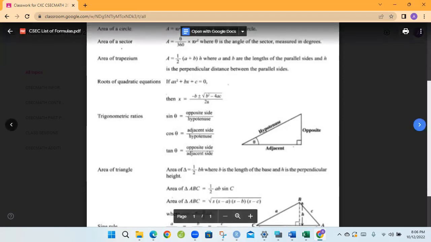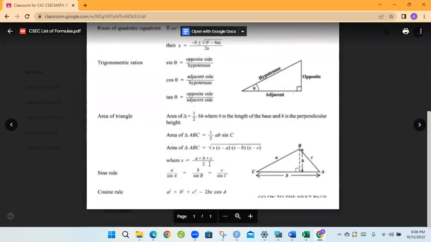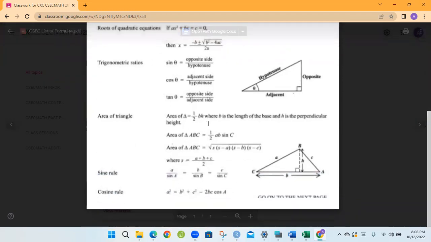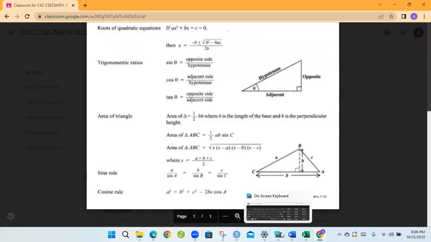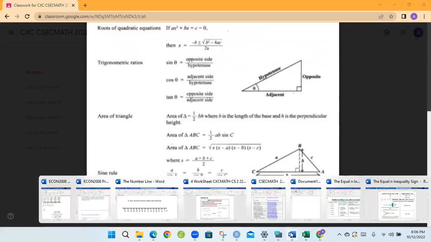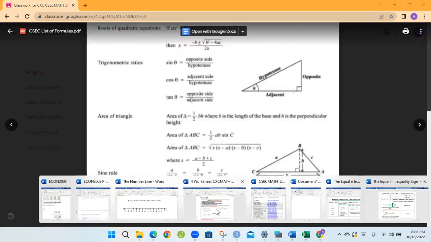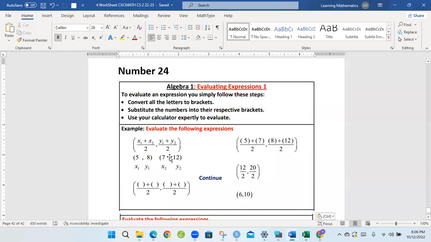Now, coming to this when we reach trigonometry, of the three area formulas for triangles, A, B sine C is the one that is very useful. If you don't have vertical height, you can just use A, B sine C, and the sine rule and the cosine rule. Now this formula I used for evaluating expressions is the midpoint, and you can clearly see it is not in the list of formulas.